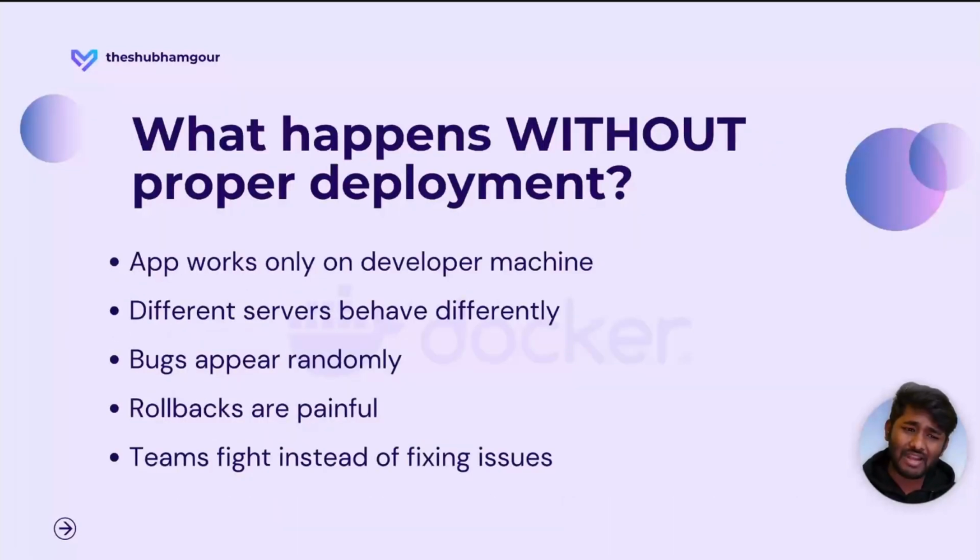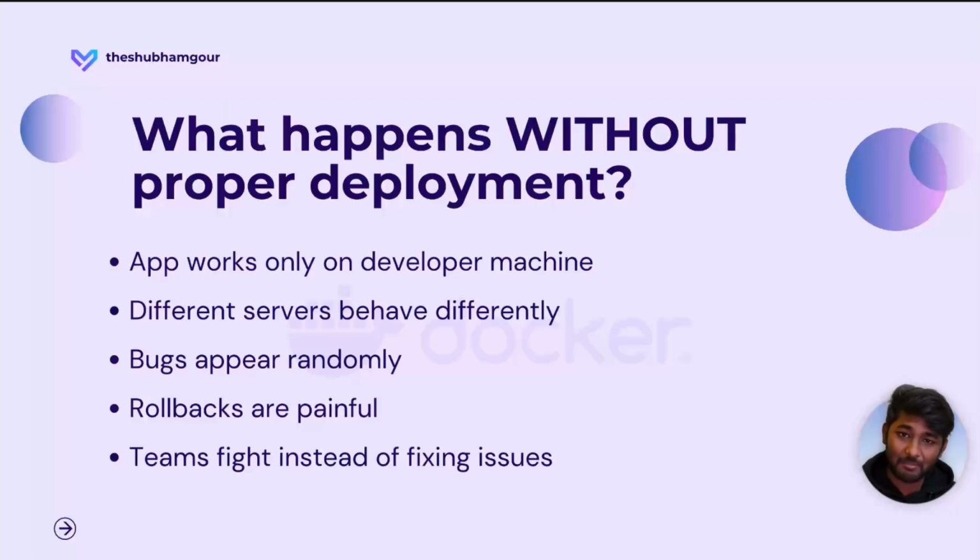Now, what will happen if there is no proper deployment done? The app will only work on the developer's machine, because there is no specific set of rules being followed. Different servers will behave differently. Why? Because of the configuration. In the development server, everything will work fine, but if it moves to QA or prod, it will behave differently, right?